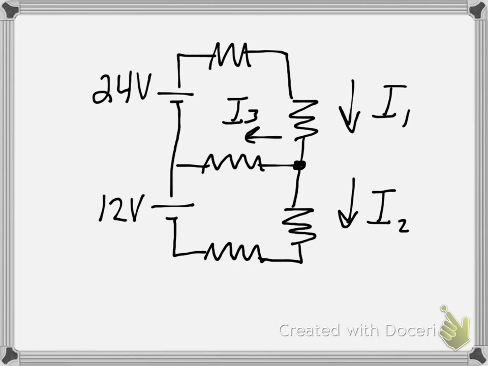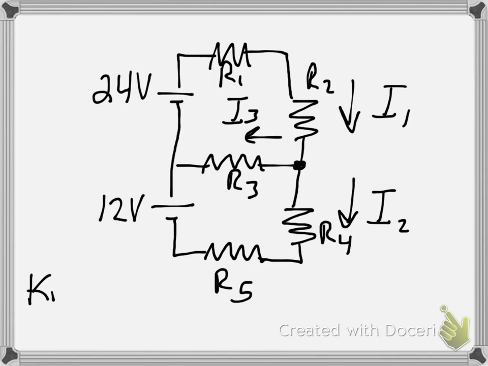Now I'm not worried about the resistors, alright? Again, we'll just label these R1, R2, R3, R4, and R5. And now the whole point is to apply Kirchhoff's rules.